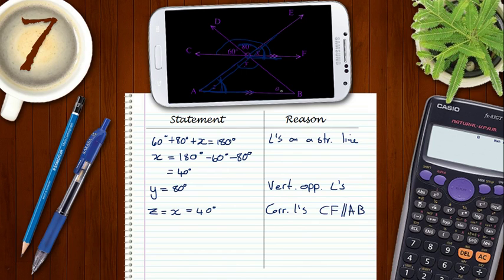And finally A. Now to find A, we can also look over here. Over here we see that A and this angle of 60 also form an F, so they are also corresponding angles. So A, therefore, is equal to 60 degrees. Our reason is corresponding angles, and CF is parallel to AB.